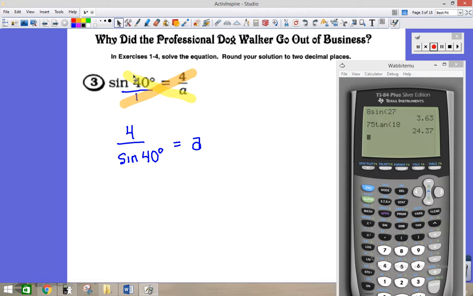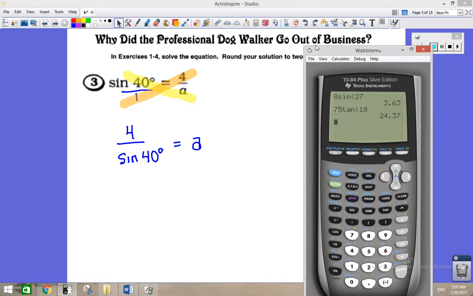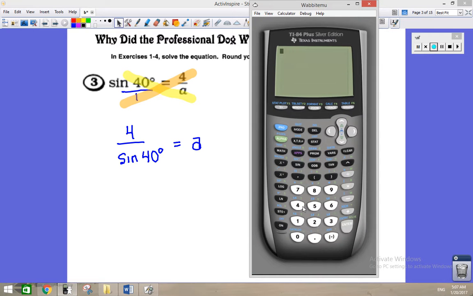If I simply switch places with this diagonal, then I have a equals 4 divided by the sine of 40 in just a single step. So I am getting that a is equal to, at least to 2 decimals, 6.22.